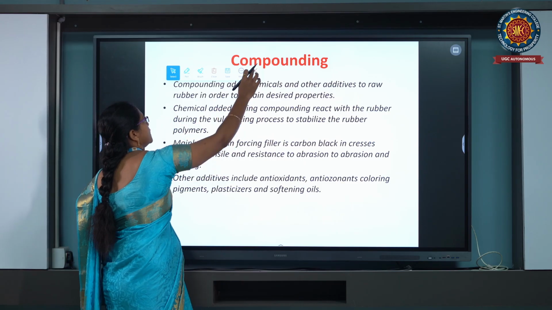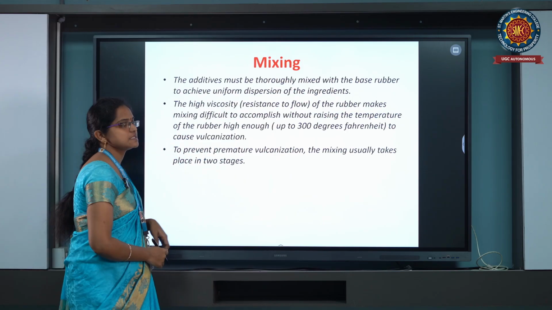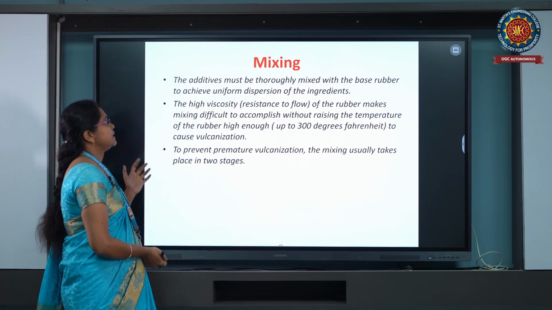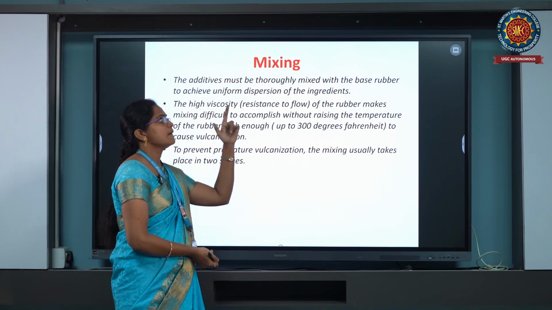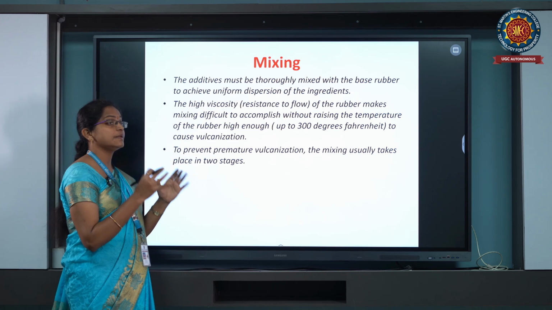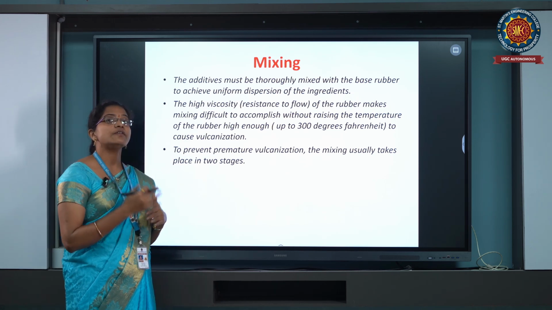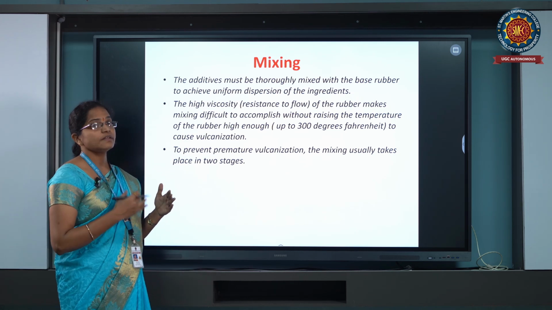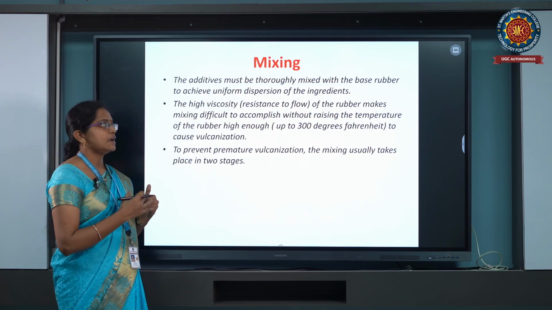Next, after compounding comes mixing. Mixing means mixing additives into the basic rubber. You collect the basic rubber and then mix in additives. The most important one is carbon black.